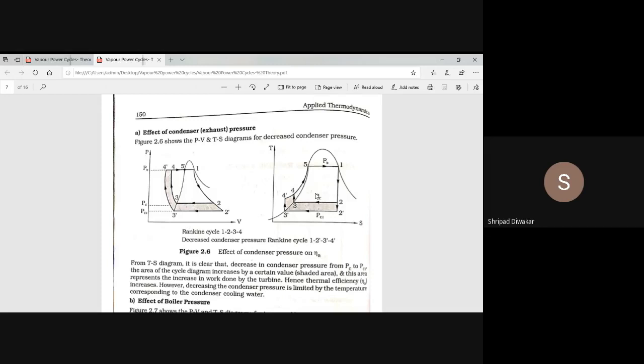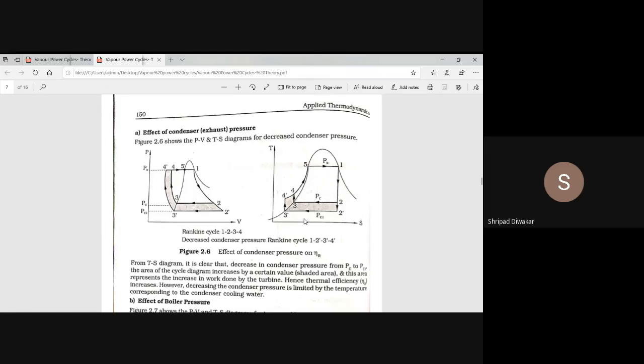Next, how to draw the TS diagram. First you draw the saturation curve and then you draw the normal Rankine cycle. 1 2 3 4 5 1 is your normal Rankine cycle. Then how to draw the new thing, that is by reducing the condenser pressure. As I said, as pressure decreases, temperature also decreases.